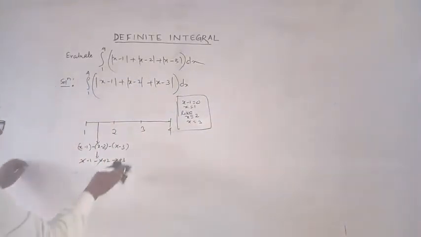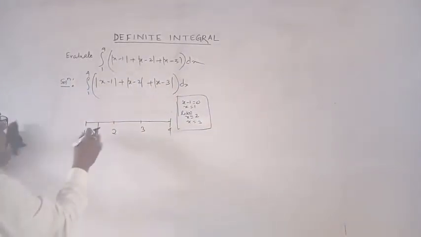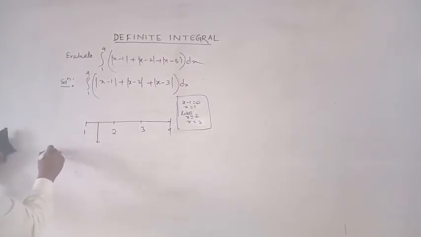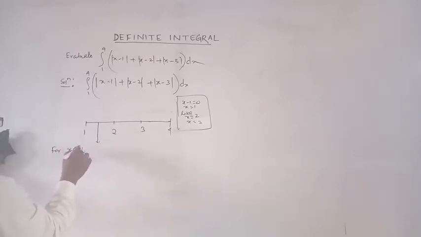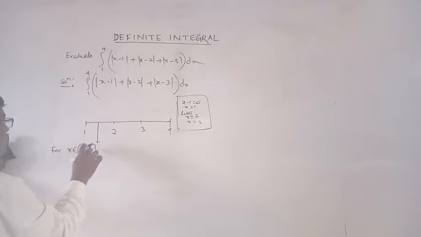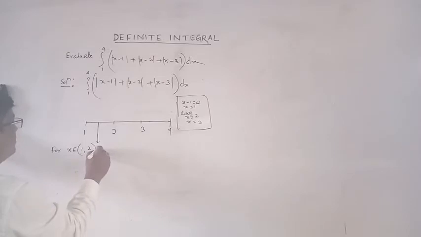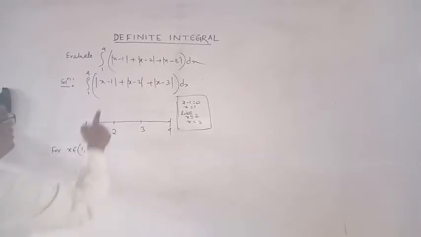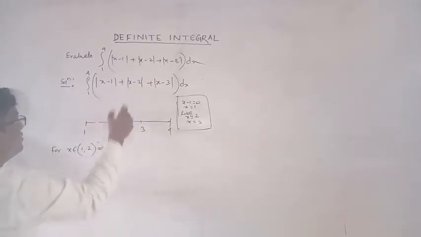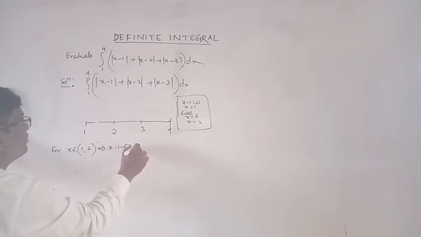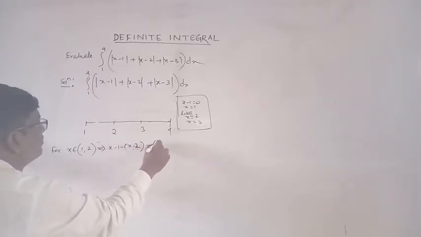For x belonging to 1 to 2, this is x − 1, minus of (x − 2), and minus of (x − 3).